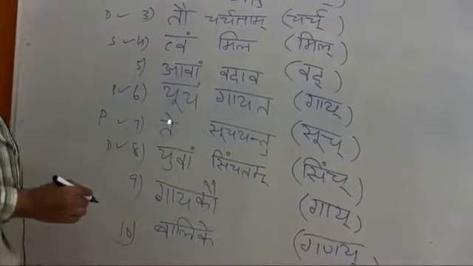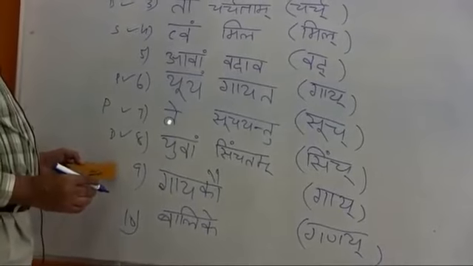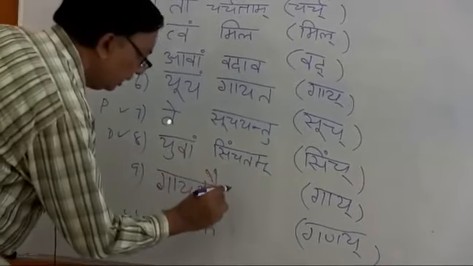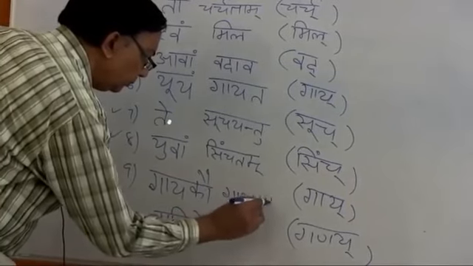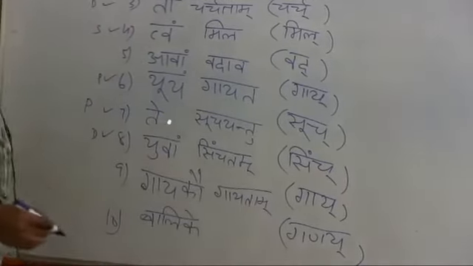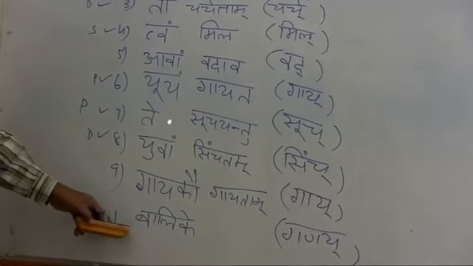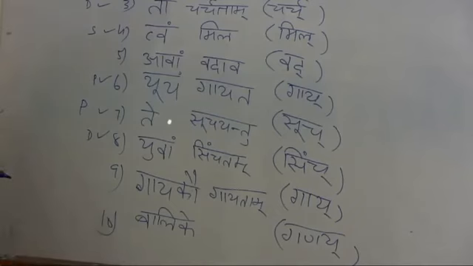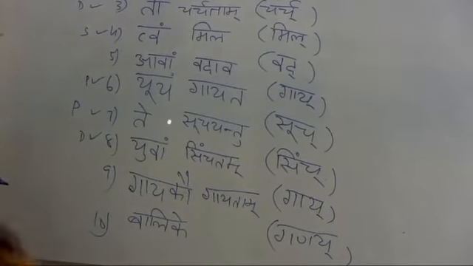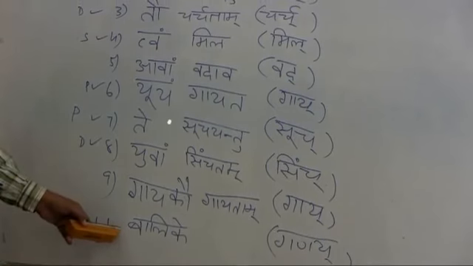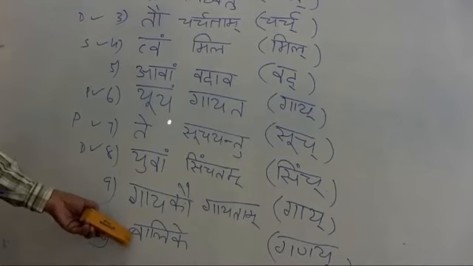Okay. Now, ninth one, gayakau. What is gayakau? Third person dual number. Gayakau gayatam. The verb would be gayatam. Balike, this is the subject in dual number. It can also be sambodhana, that is vocative of balika shabda.